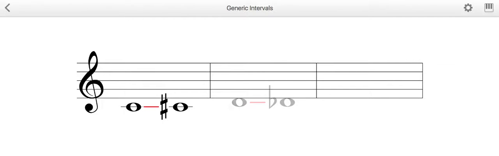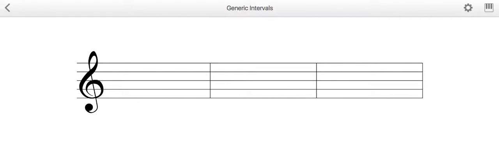All right, so here we have some other intervals. C to C sharp. Those are not the same note, but still, forgetting about the sharp, it's still a unison or a first. Same thing here for D to D flat, and here A sharp to A flat. Those are all firsts.